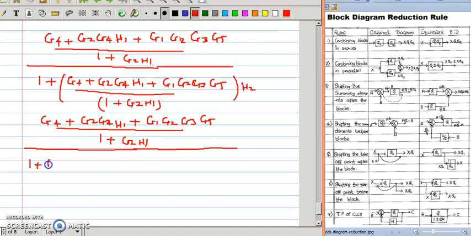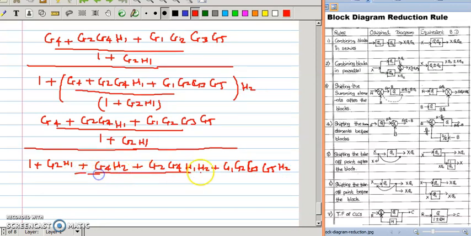So 1 plus G2 H1 plus G4, can we take H2 inside, so it becomes G4 H2 plus G2 G4 H1 H2 plus G1 G2 G3 G5 H2, whole divided by 1 plus G2 H1, right?